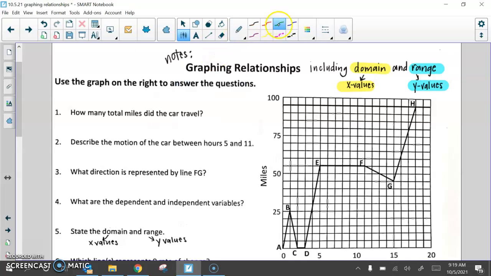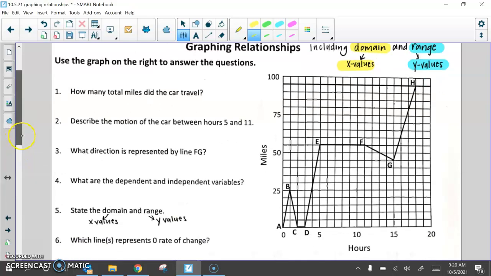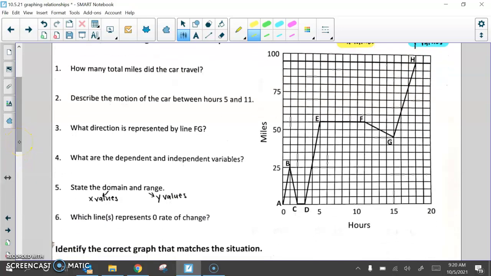So for this first question, it says, how many total miles did the car travel? So we have to look at, let me scroll down a little bit for you guys. We're looking at those are the hours, and these are the miles.